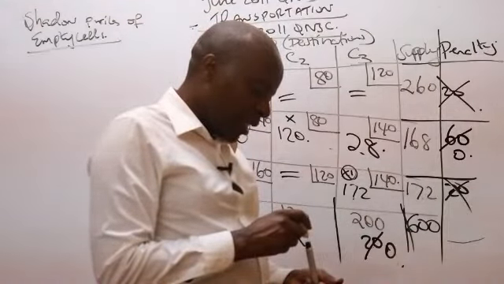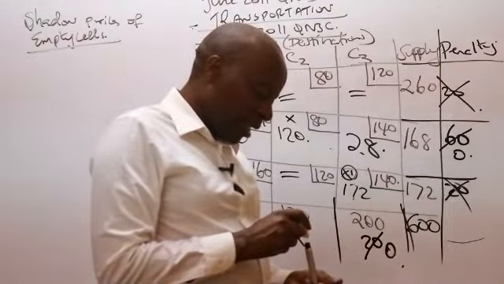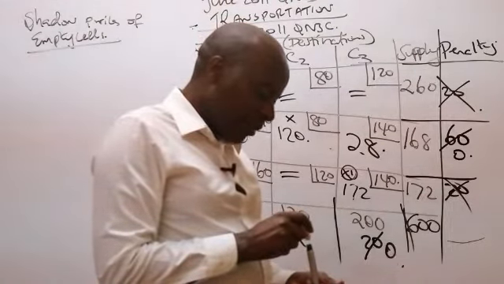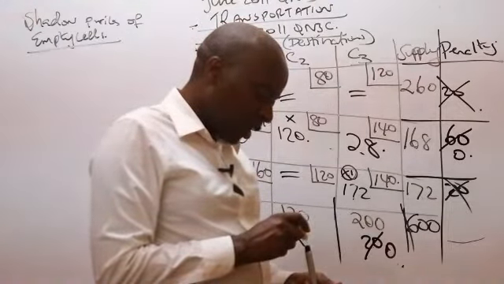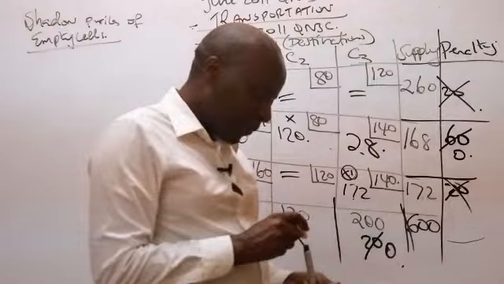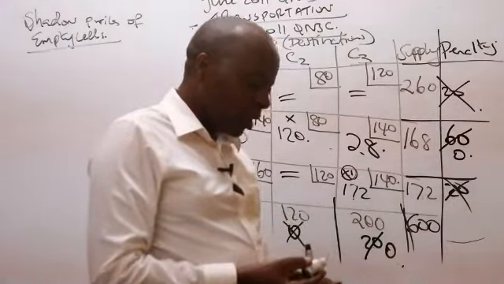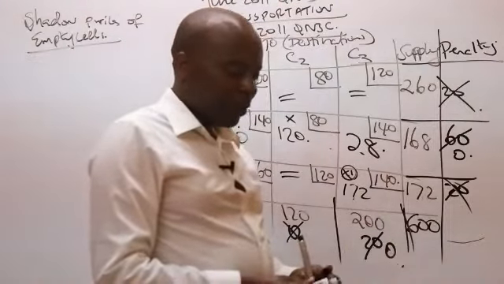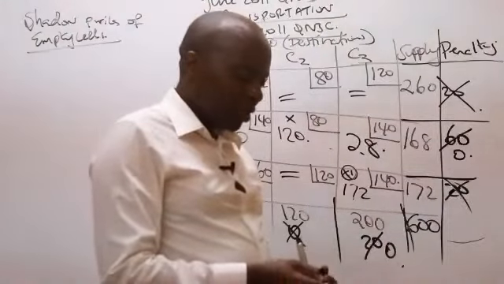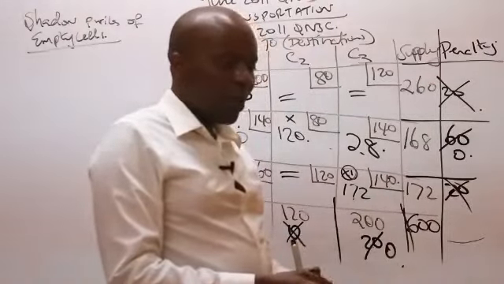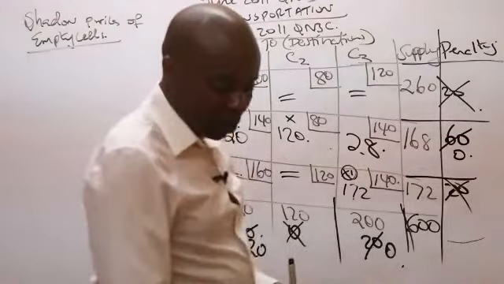Shadow prices are only applicable to empty cells. They are also known as opportunity costs. What do we stand to lose for not putting units into our empty cells?